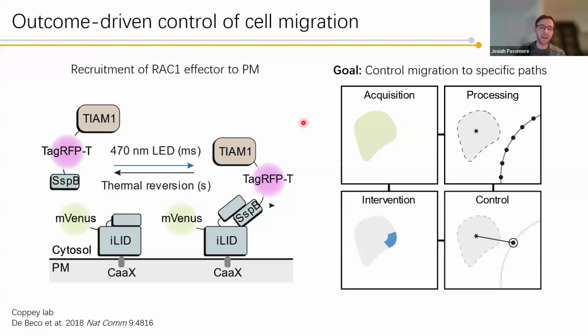So how this looks in our feedback loop is that if we want to control migration to a specific path, then we can acquire our image. We can send this to image processing where we segment the cell. We find the position of the cell relative to our ideal path, set up as a series of checkpoints.